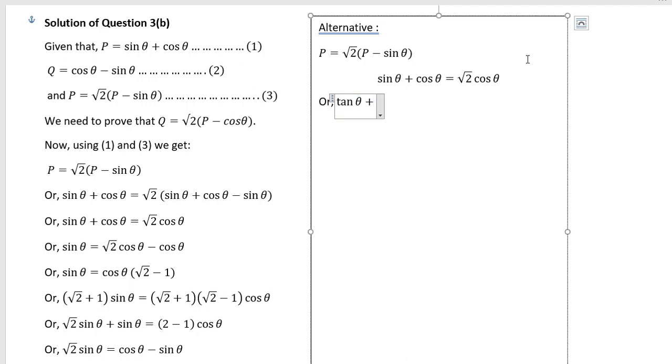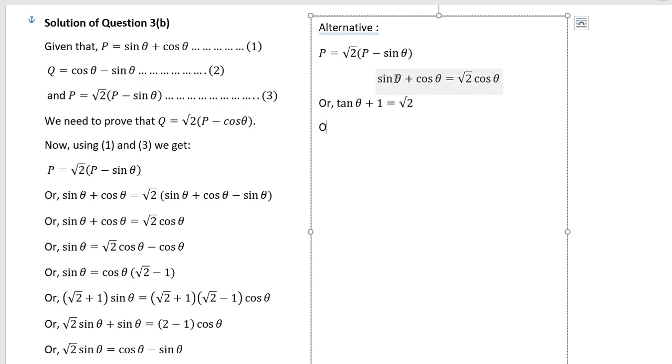Now tan theta plus 1 is equal to root 2. How? We have divided the whole equation by cos theta.